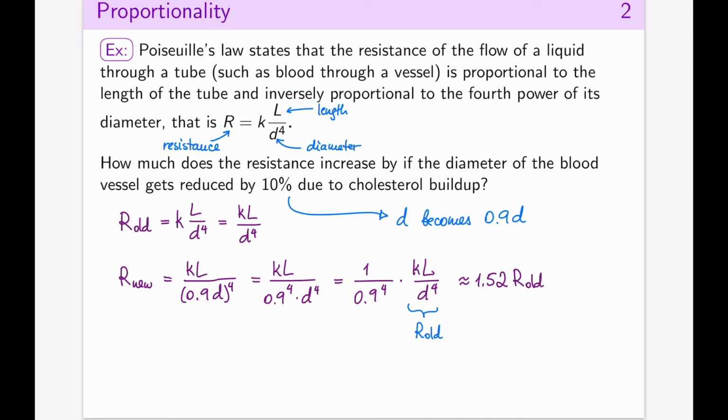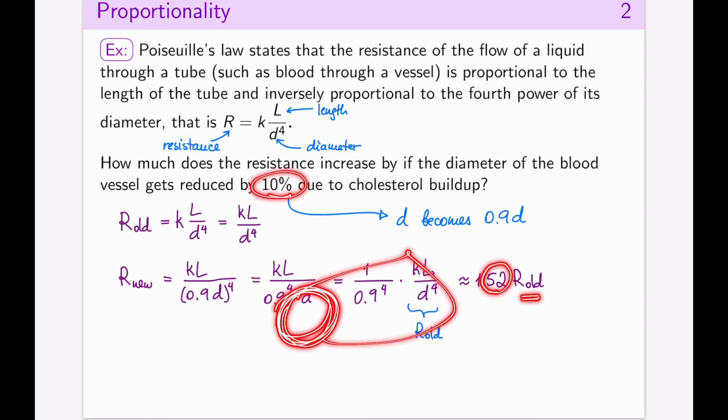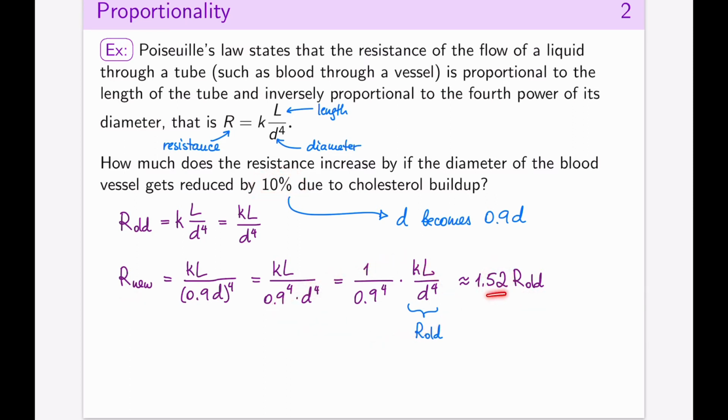Okay, so what do I have here? The diameter got reduced by 10%. So the new diameter is 90% of the old diameter. And what I have is that the new resistance is 52% higher than the old resistance. A 10% reduction in the diameter of a blood vessel increases the resistance by 52%.